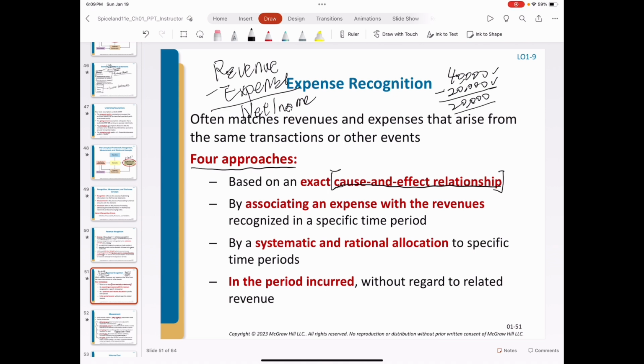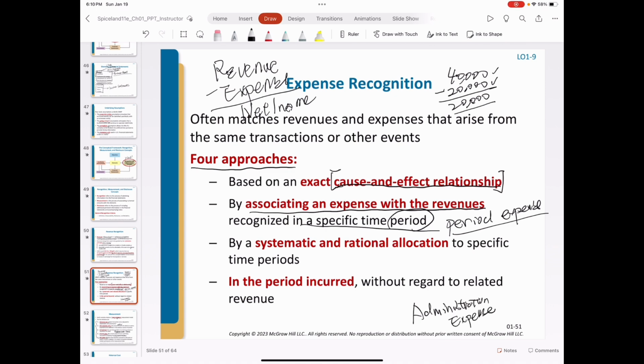The next one is to associate an expense with revenue in a specific time period. This expense also refers to the period expense. For example, administration expense, right?